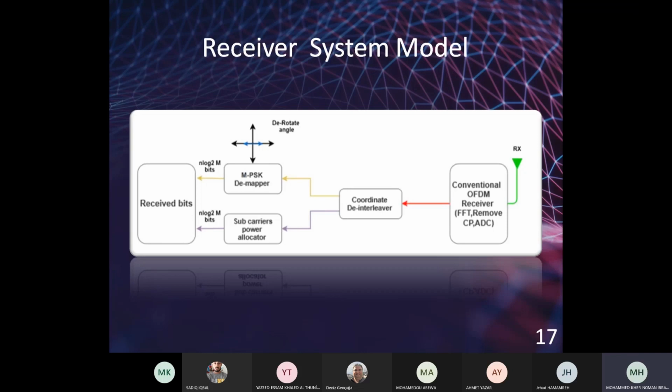So bits that have been transmitted by the power subcarrier allocator will be recovered, and the other constellation point, which was modulated by QPSK, will be derotated so that all incoming bits will be received after conversion from parallel to serial, and then we have our data received.